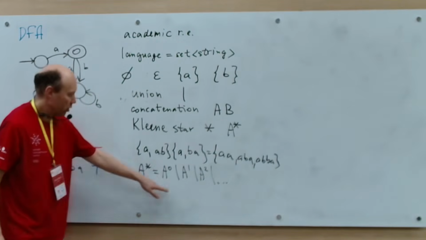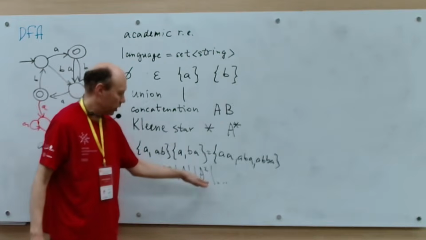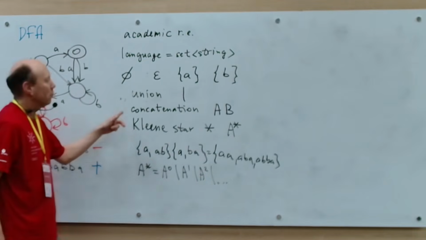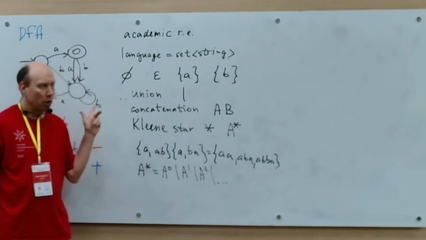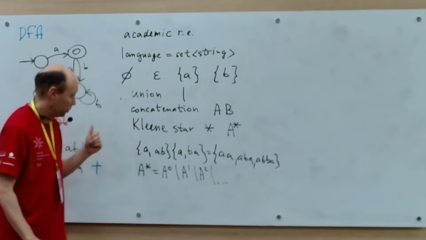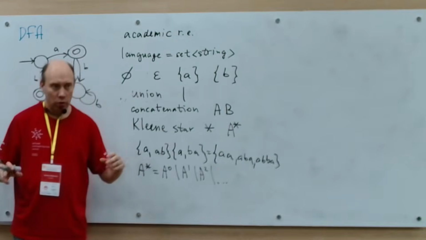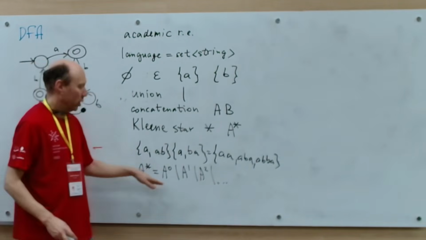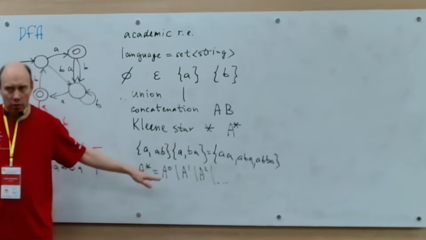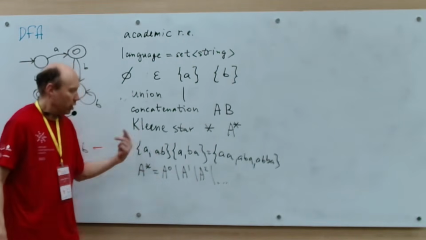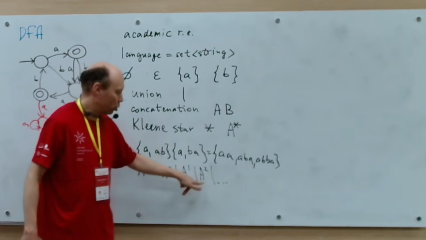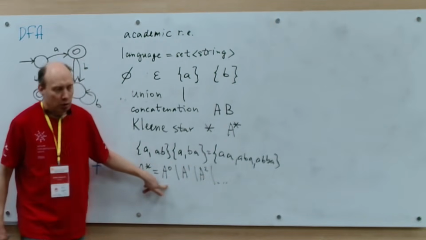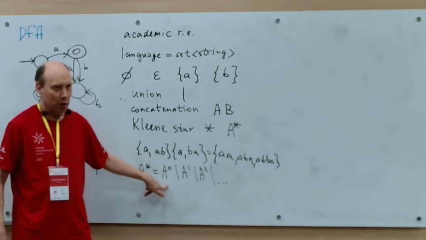I will write it down and then explain. So we take the zeroth power, the first power, the second power of the language and so on. What is the power of a language? We have a kind of multiplication, which is concatenation. So we multiply, or concatenate, the language with itself as many times as we like and unite all the results. In this case, it's clear what it means to concatenate once, 2 times, 3 times, and so on. The only question is what it means to concatenate the language with itself 0 times.